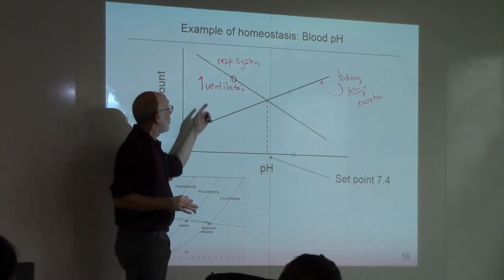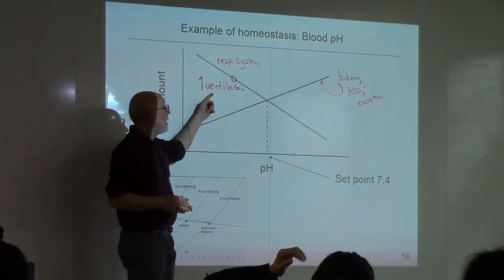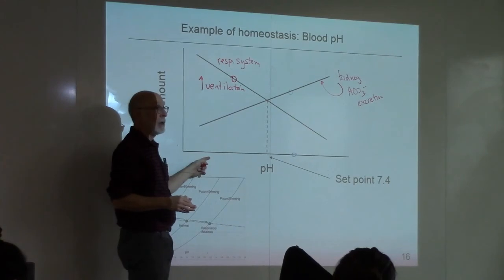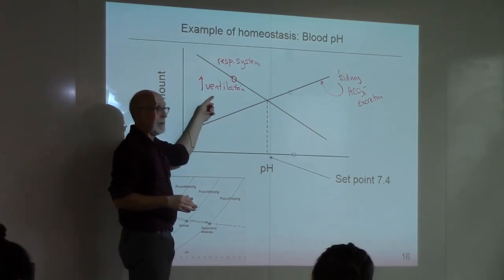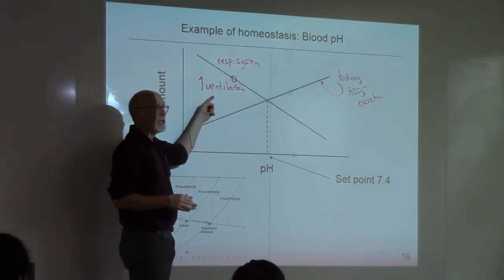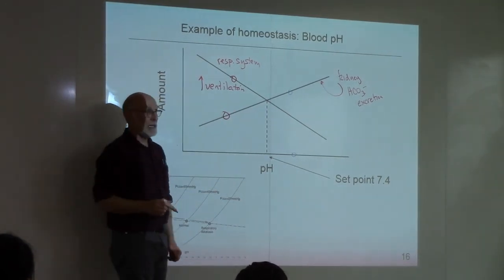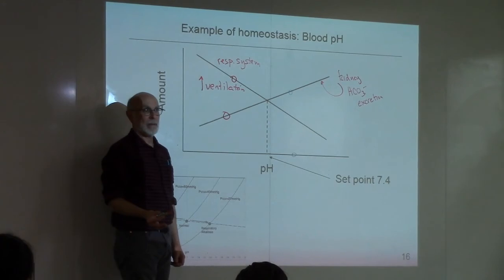So now, Jasmine, the point is that if the pH goes down, the respiratory system responds by an increased ventilation. And the kidney responds by a decreased bicarbonate excretion.